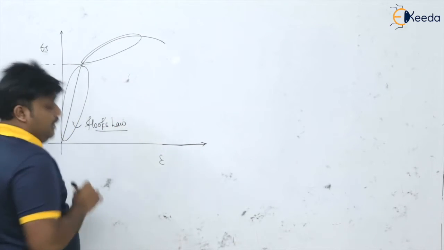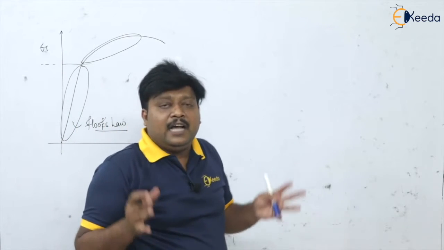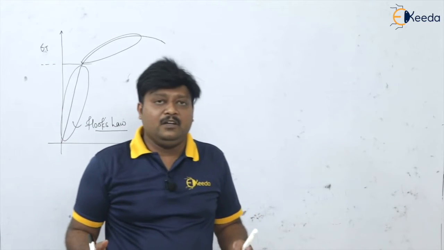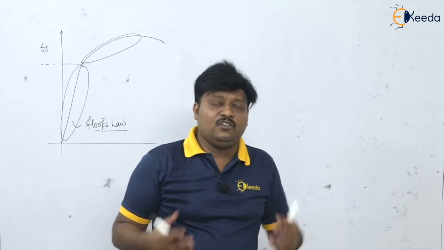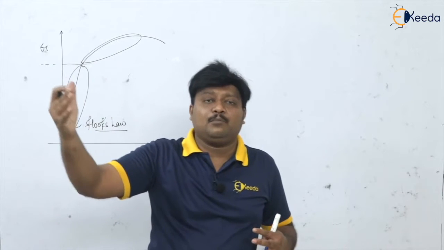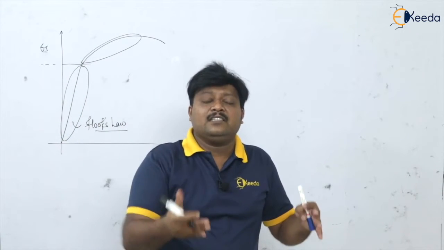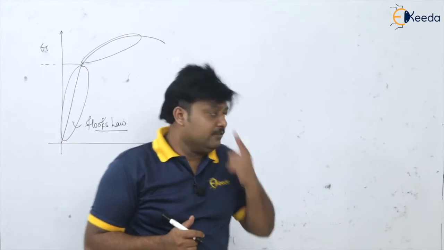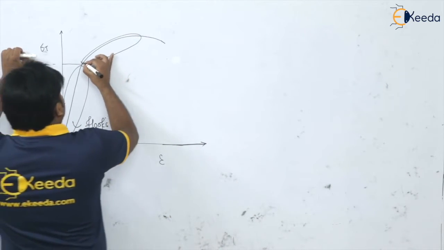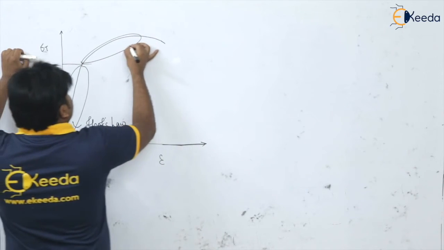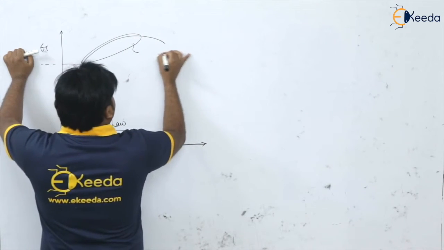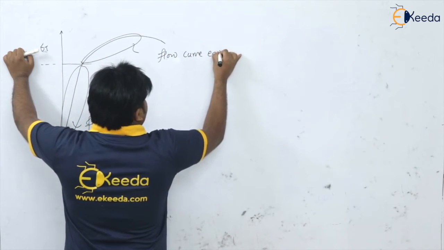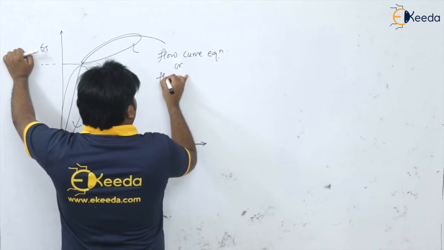But here, as we are deforming the material and it is undergoing strain hardening, it is getting harder and stronger, so we have to continuously supply more stress than the previous value, isn't it? We know that. So this strain hardening region is given by the flow curve equation, or this is the Hollomon law.